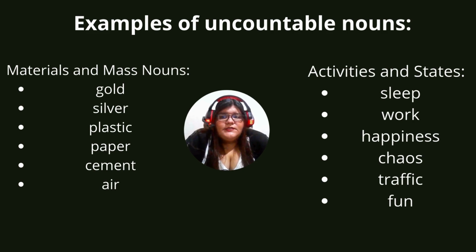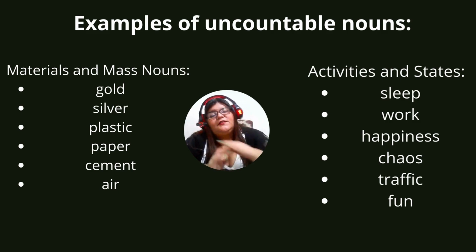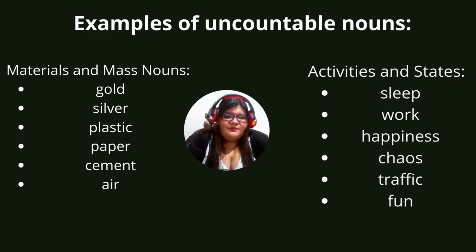Like gold, silver, plastic, paper, cement, the air. We can't count the air. It's impossible. Then we have activities and states like sleep, right? You can say, oh, I had two sleeps yesterday. That's not possible. We can't count them. Then we have work, happiness, chaos, traffic, fun.